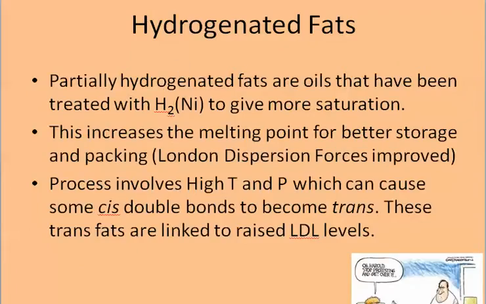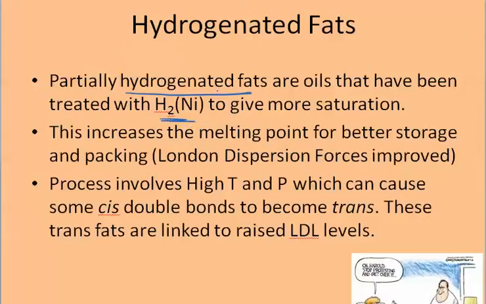Now we might decide that the fat that we've got is in an unsuitable state for us, and so we might want to hydrogenate that. And when we hydrogenate them, we're adding hydrogen with a nickel catalyst, and that is hydrogenating these double bonds.